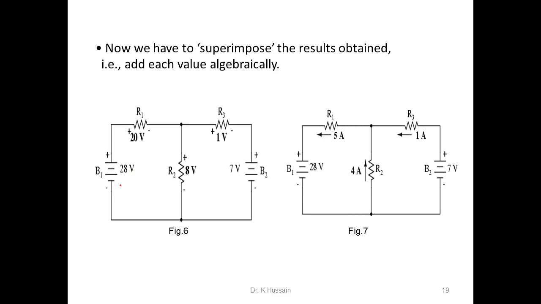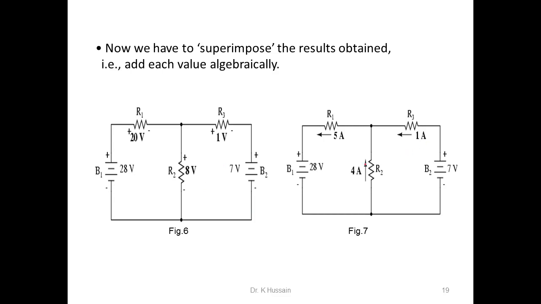Now you see here, two sources are acting at a time. If you want to find out only voltages, you see here this is 6 or 7 volts in the second case, right? How much will you get here? This value is 8 volts, right? So how will you get this current? Already we got it. How much did we get in this case? That is only 4 into the resistance value.